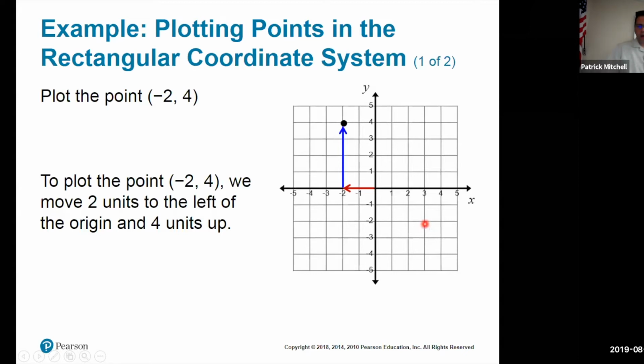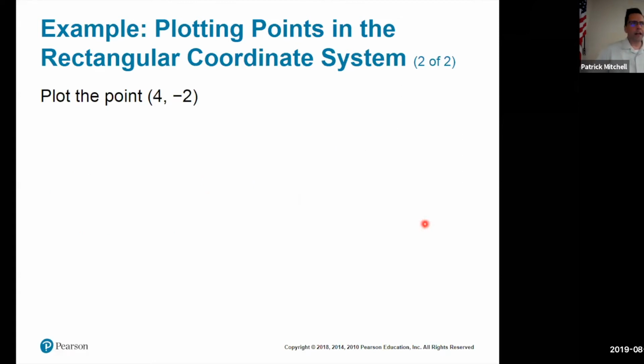Okay. So coming up is another example of plotting a point. I'm going to ask both the people that are in this room and also the people watching at home: think for a minute about where this point is located.